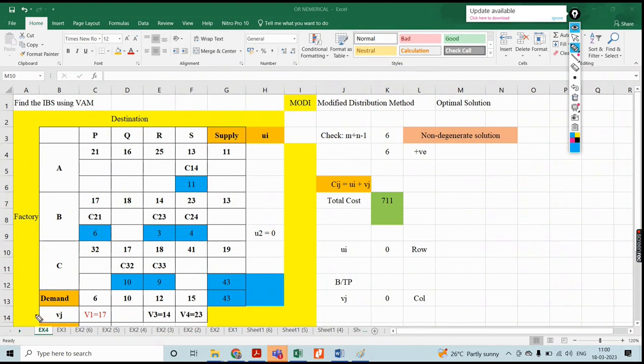Okay, this is how I got U2, then V1, V3, V4. Then what is the next allocated case? Next allocated, okay, that is C32, then C33, C14. Is it possible to evaluate this?